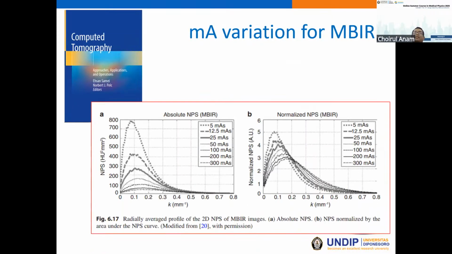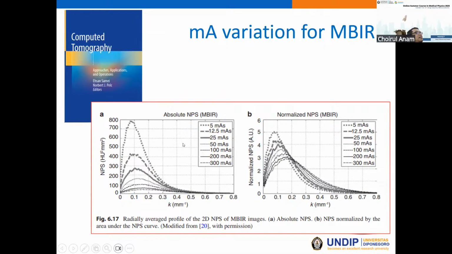But for the iterative reconstruction, in this example MBIR, model-based iterative reconstruction, this is the result. We have NPS. I think it is common, as we expect.